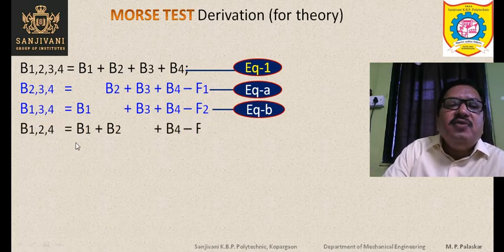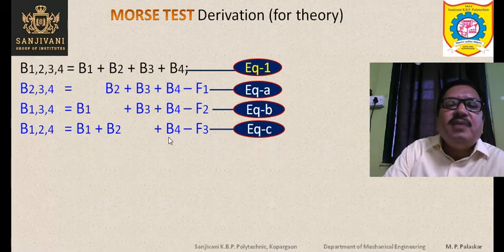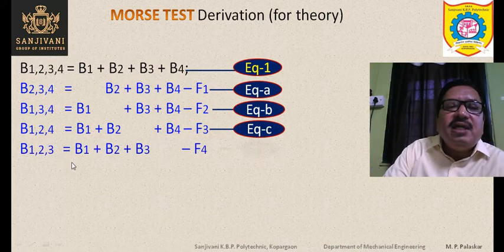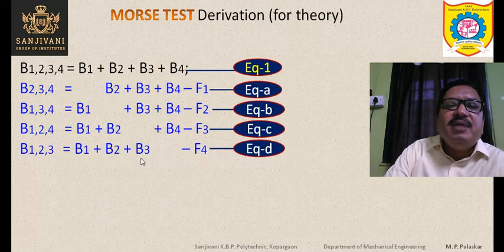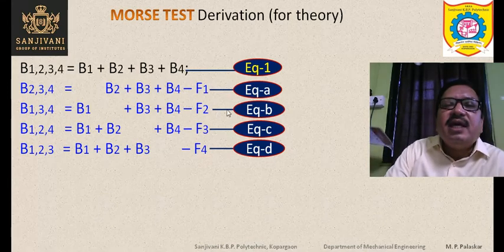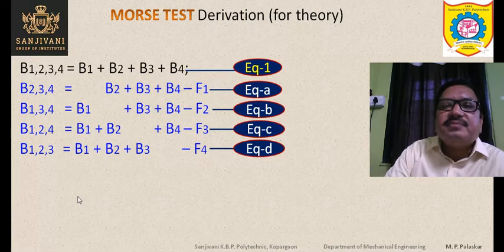Similarly, B124 is equal to B1 plus B2 plus B4 minus F3, and B123 is equal to B1 plus B2 plus B3 minus F4. So these are the equations A, B, C, D. These are the 4 equations.